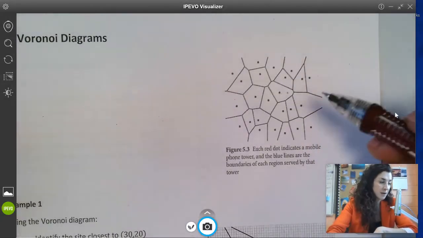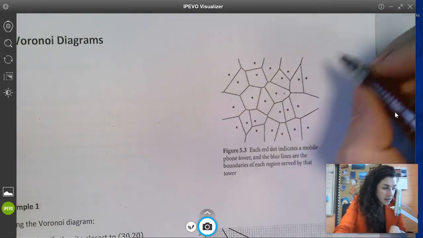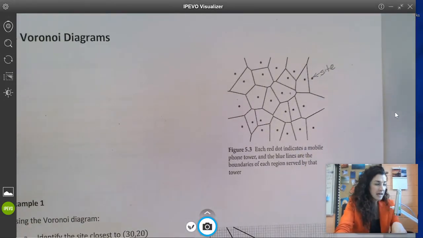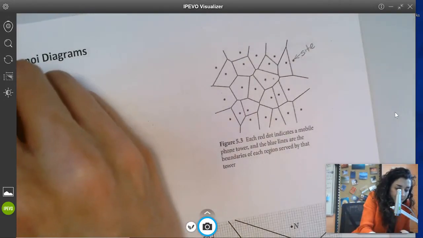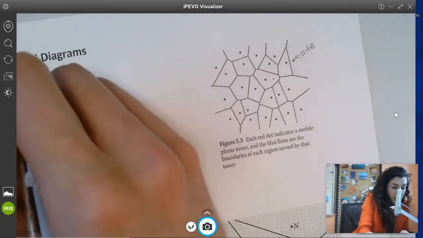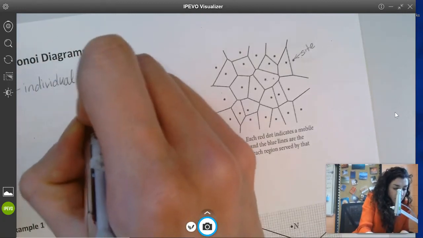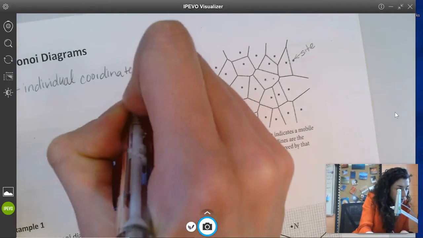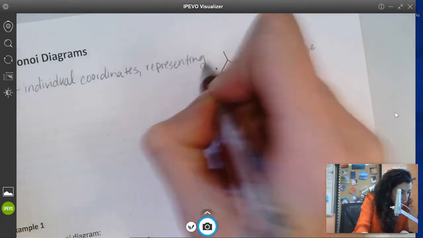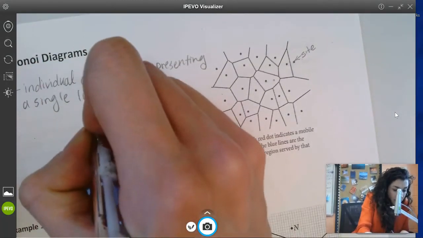We have a couple of vocabulary words. Each one of these dots is called a site. So you'll hear us refer to it as a site. And a site is an individual coordinate representing a single location.